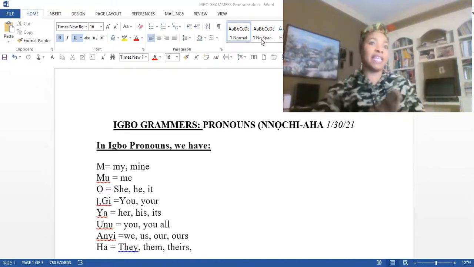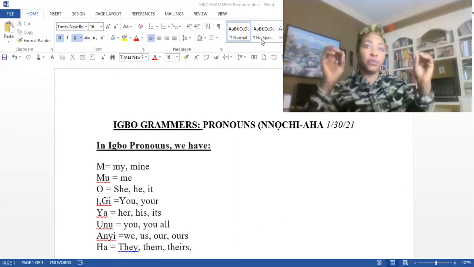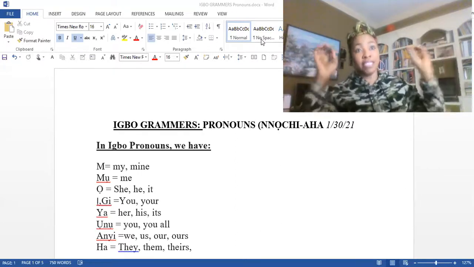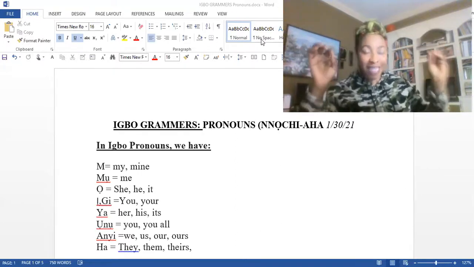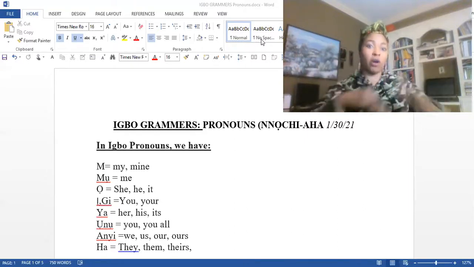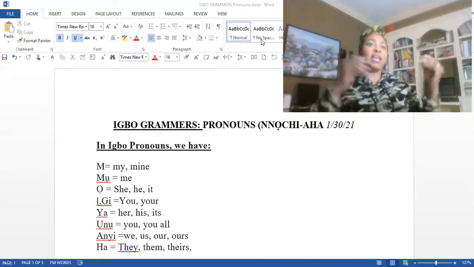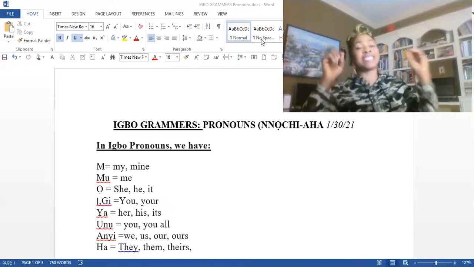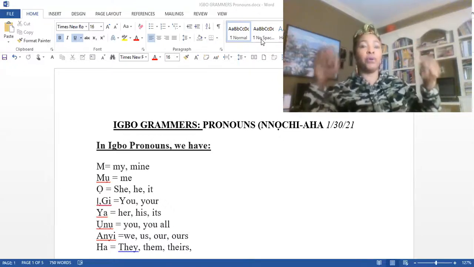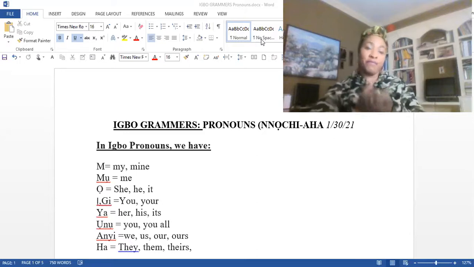When I say that Igbo pronouns do not reveal gender, it means that in the sentence you're writing, you use the same pronoun for both male and female. Okay, so I'll give you a few examples for you to understand what I'm saying.